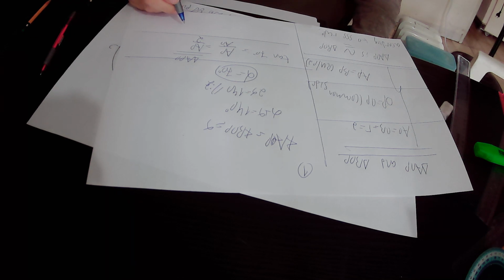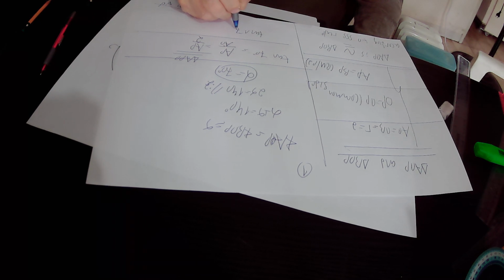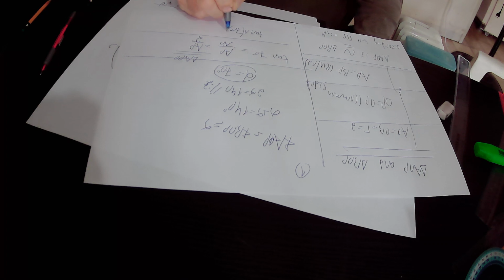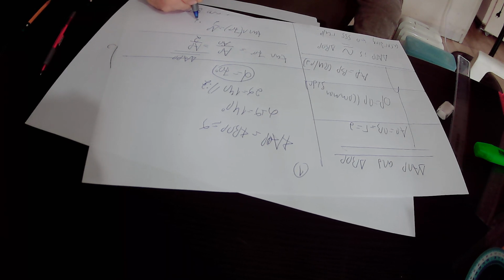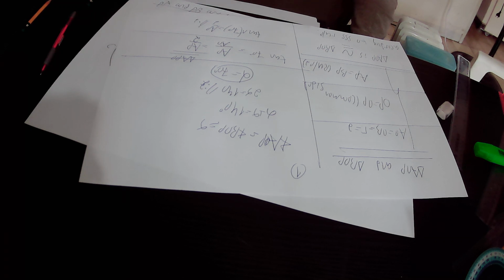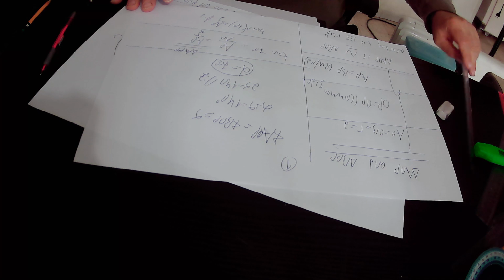Here we will multiply this equation. Tangent 70 degrees equals AP over 2. So we will multiply this equation by 2, and finally we will get that 2 times tangent 70 degrees equals AP.